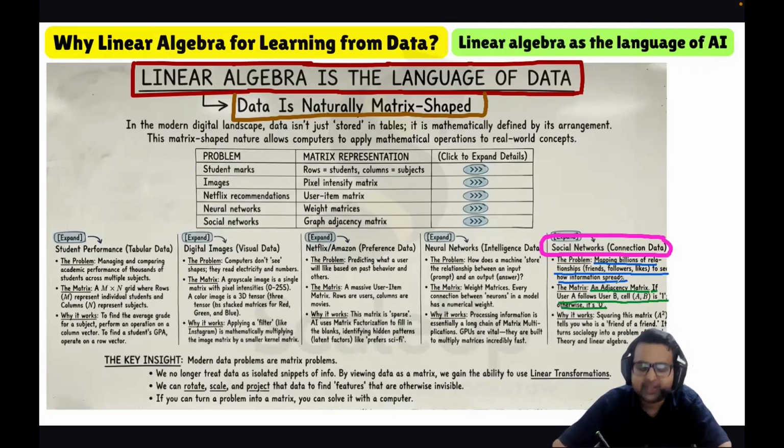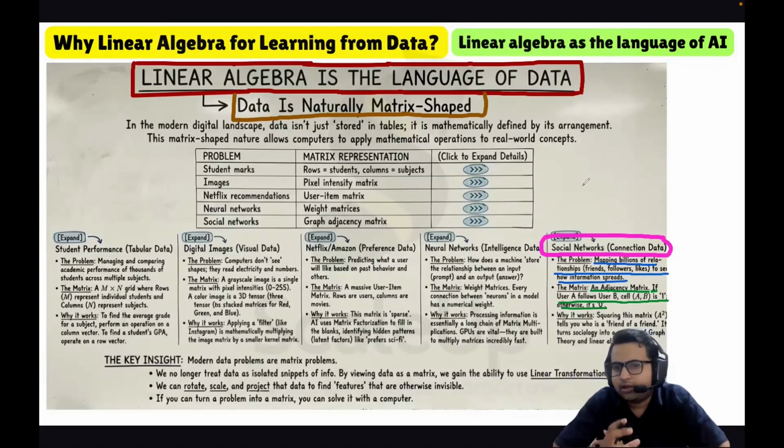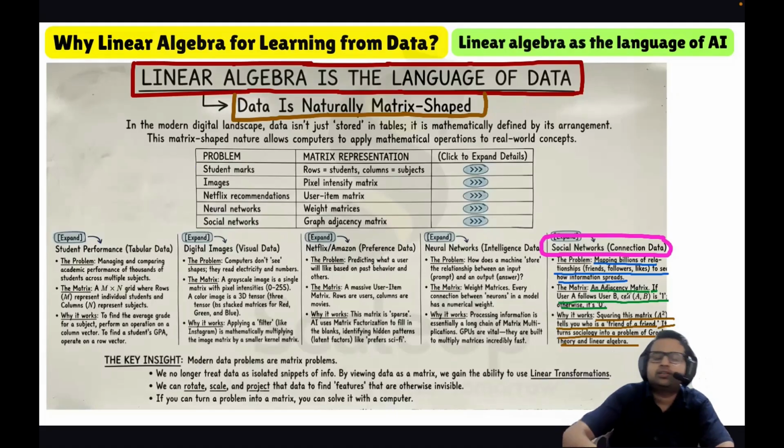That's the concept of an adjacency matrix. So if we use the adjacency matrix to map the relationships, what benefit will we get? Squaring the matrix tells you who is a friend of a friend. It turns sociology into a problem of graph theory and linear algebra.